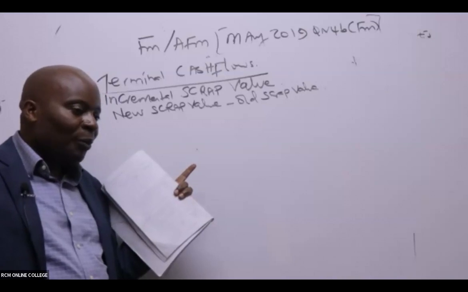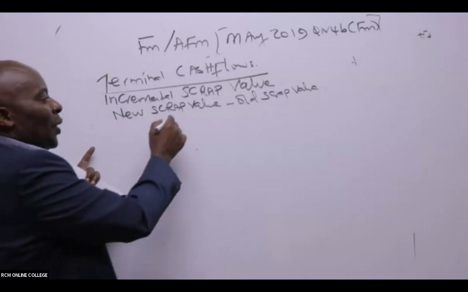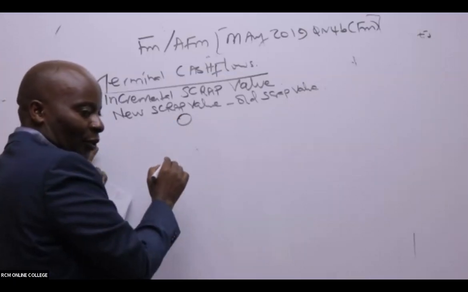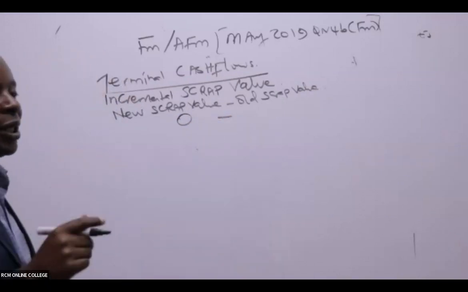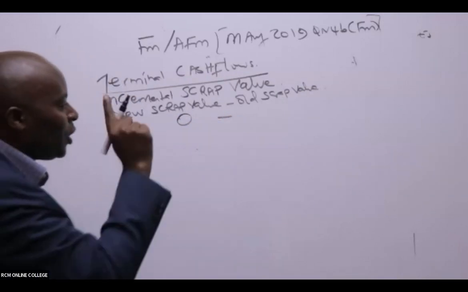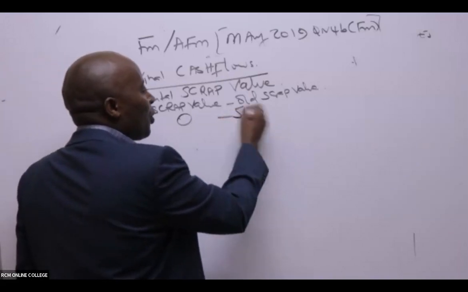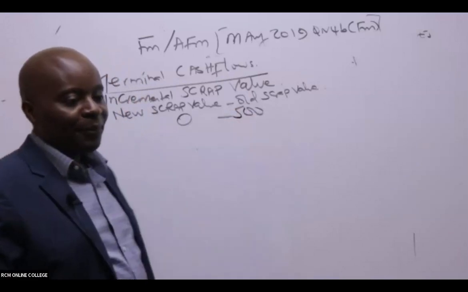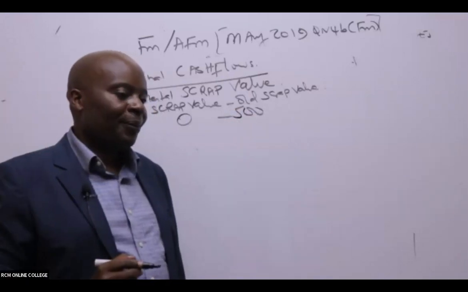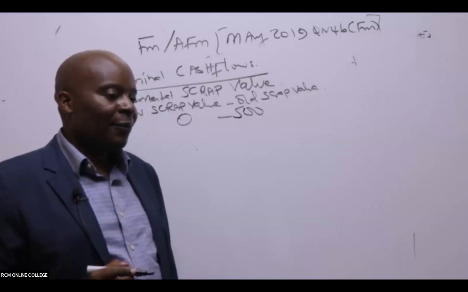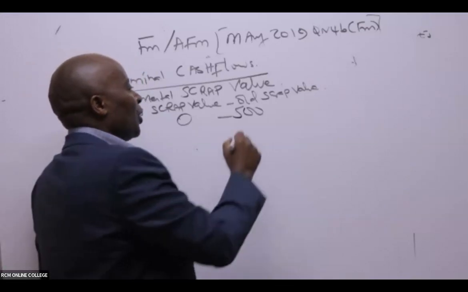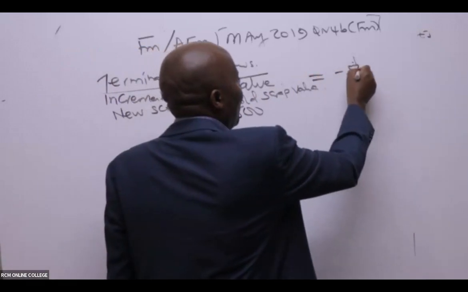The new machine scrap value is zero here, minus the old machine scrap value that I'm able to vividly remember, which was 500. So then this gives me minus 500.